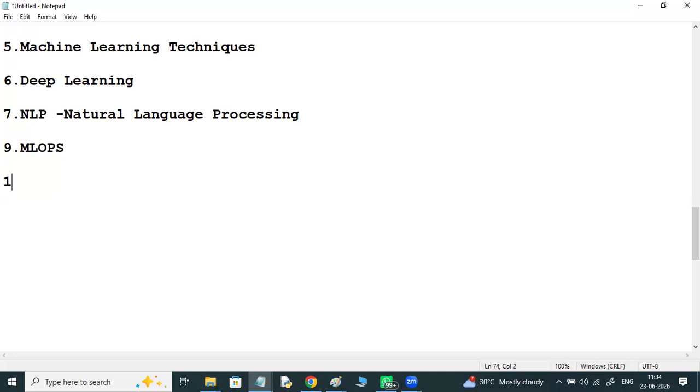Yes. Even some knowledge on this. You need to pull the data from different sources. For that, I'm providing you big data using PySpark. This is MLOps, big data and PySpark.